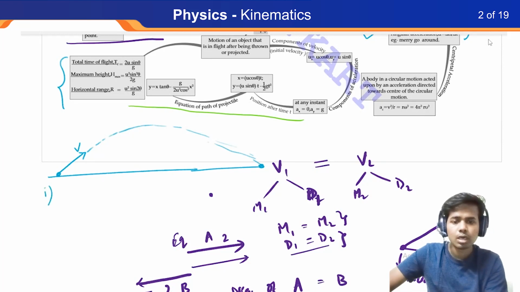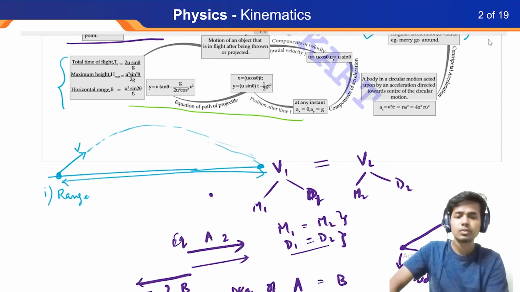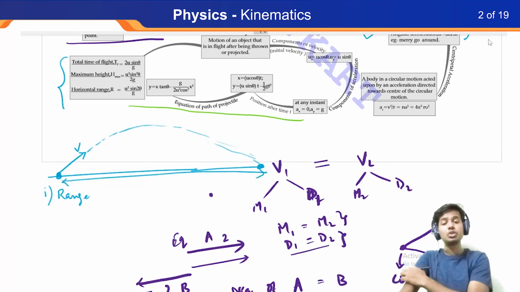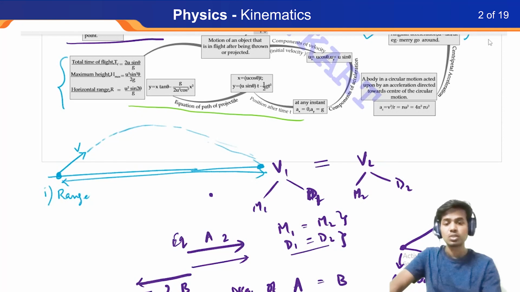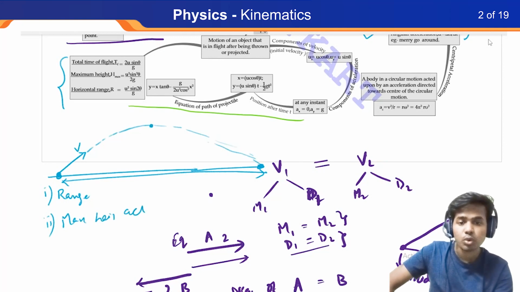First, the range. What do we call range? The horizontal difference in the positions of the pebble from the initial position and the final position. That is called range. The second thing, maximum height achieved. That is this point from the ground.